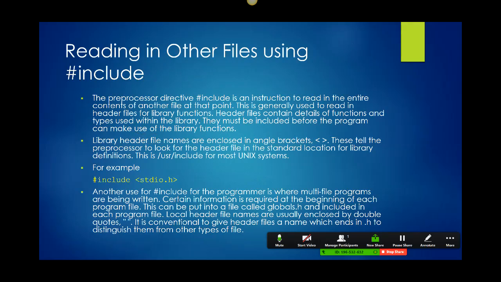Another very useful preprocessor directive is the pound include. Okay, so what you need to understand is when you type a line like this in the beginning of your file, it means that the contents of this text file will now be cut and pasted into this location in your file just before it is fed into the C compiler.